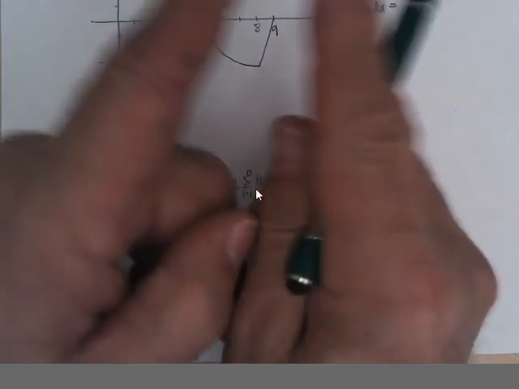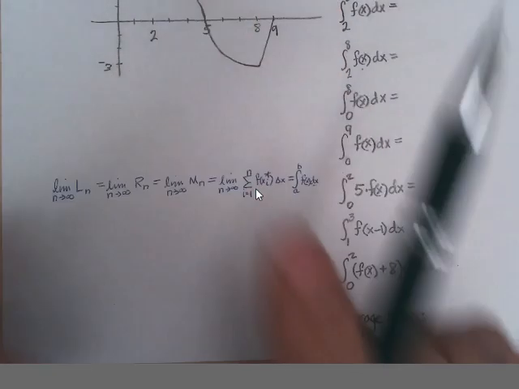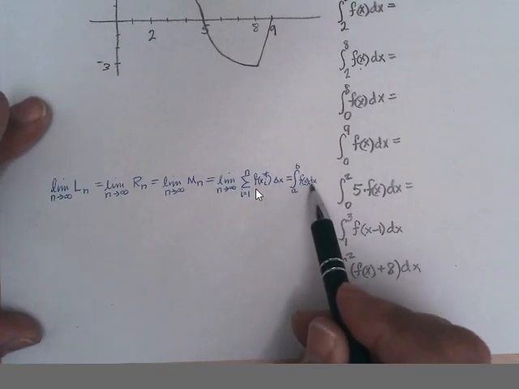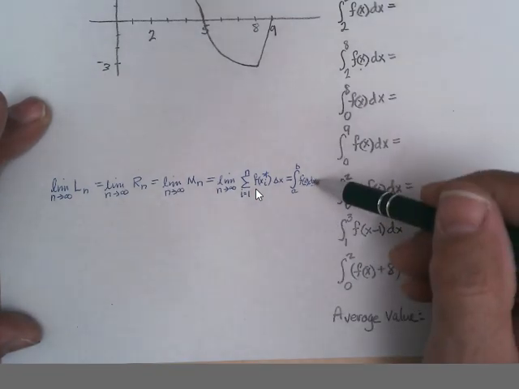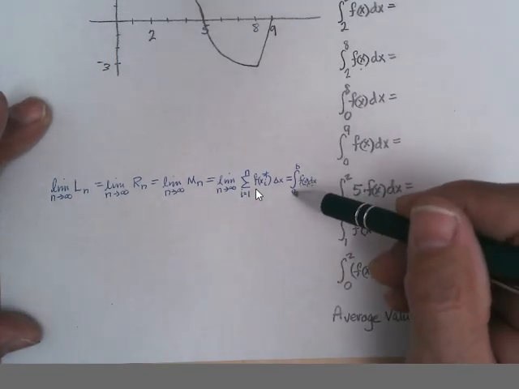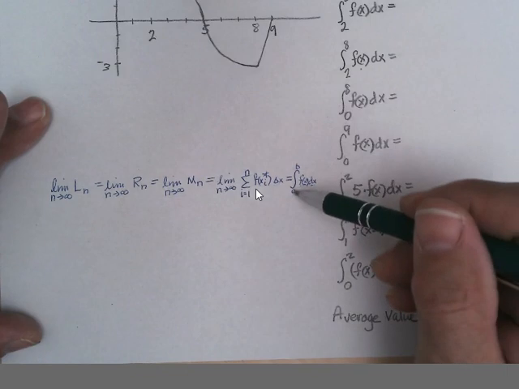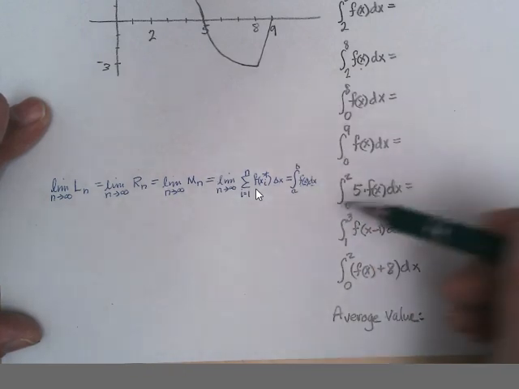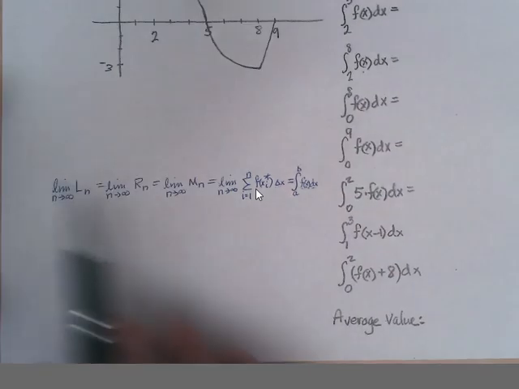Since they're so narrow, there's not much difference between the left, the right, or the midpoint. So we're just taking the height times an infinitely narrow width, from A to B. A is the beginning, B is the end.